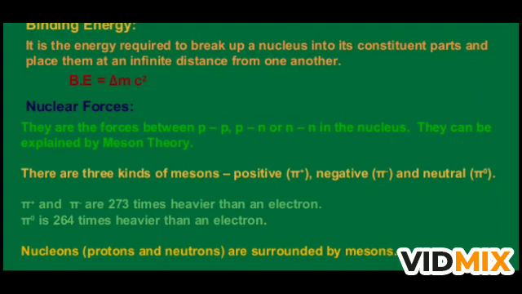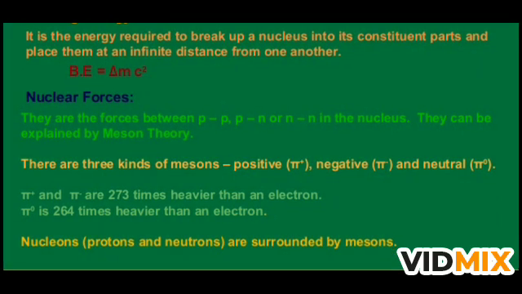There are three kinds of meson: positive pi meson, negative pi meson, and neutral pi meson, with symbols pi positive, pi negative, and pi naught. Pi positive and pi negative are 273 times heavier than an electron, and pi naught is 264 times heavier than an electron. Nucleons are protons and neutrons surrounded by mesons.